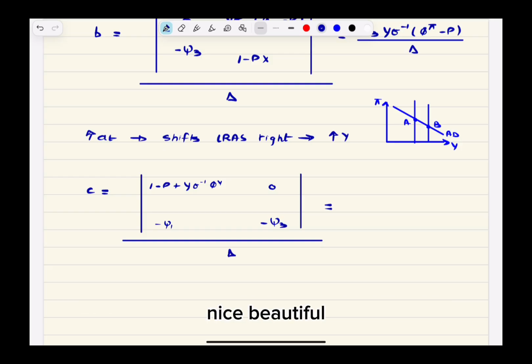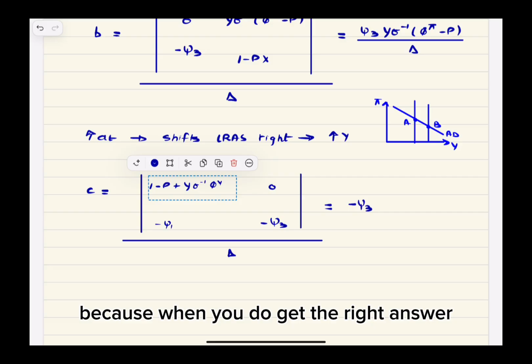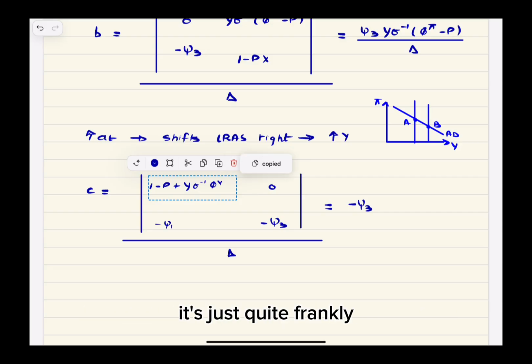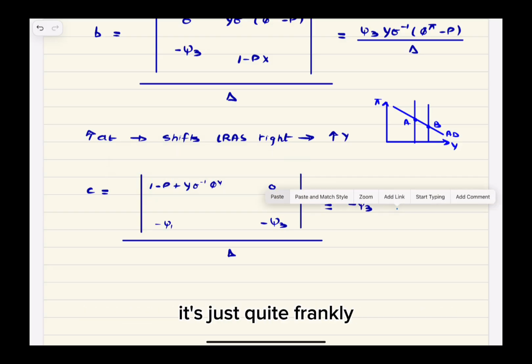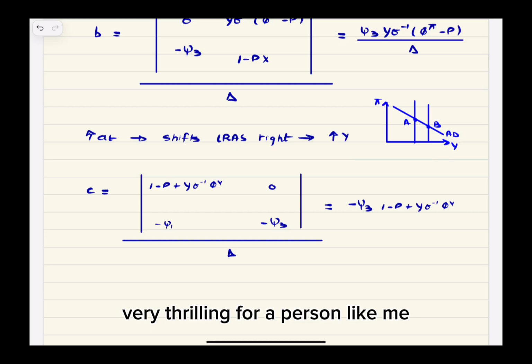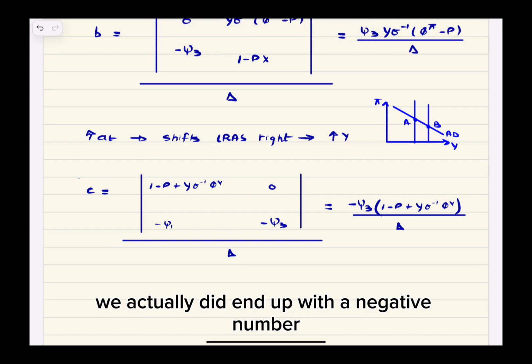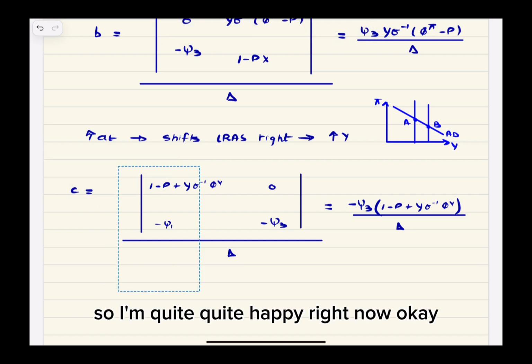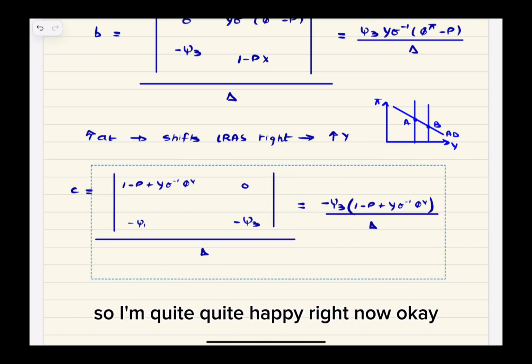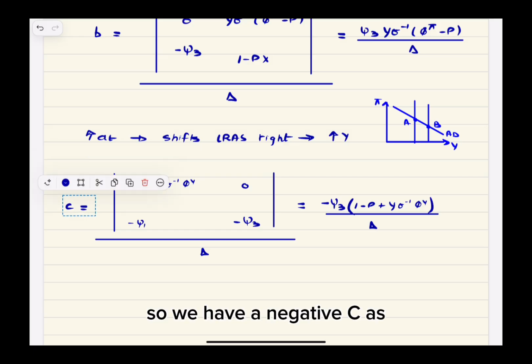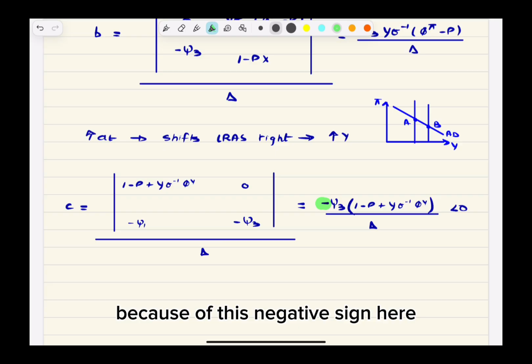Oh, nice, beautiful. This is why I love mathematics, because when you do get the right answer, it's just quite frankly very thrilling for a person like me, because maybe I'm a nerd, but this is quite thrilling. We actually did end up with a negative number, so I'm quite happy right now. Okay, so we have a negative C because of this negative sign here.